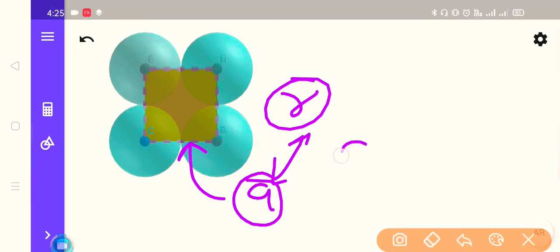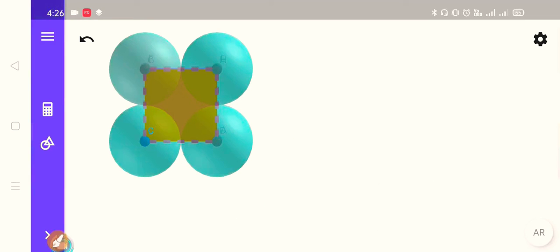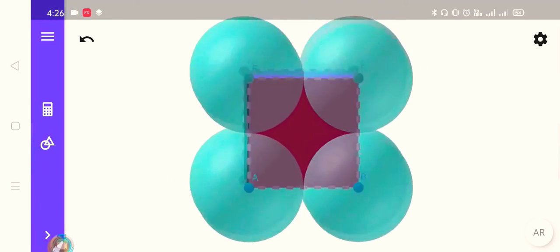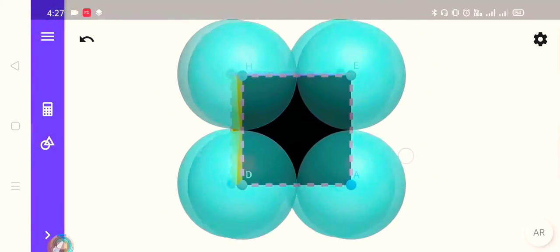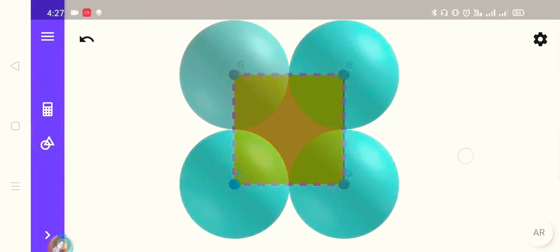If we can find the relationship between a and r, that means edge length and radius of sphere, then we can calculate our equation. So let us find the relationship between these two for the given unit cell.